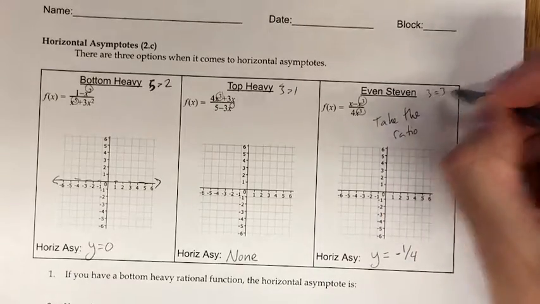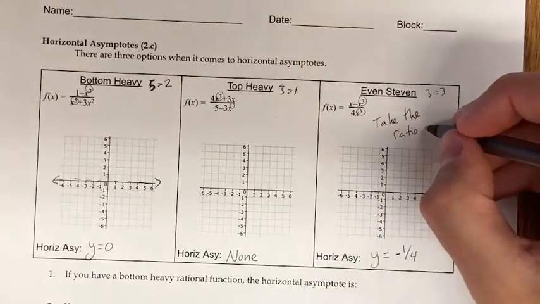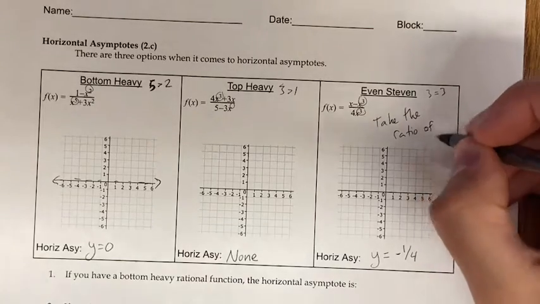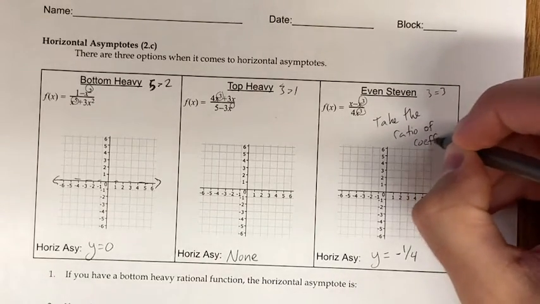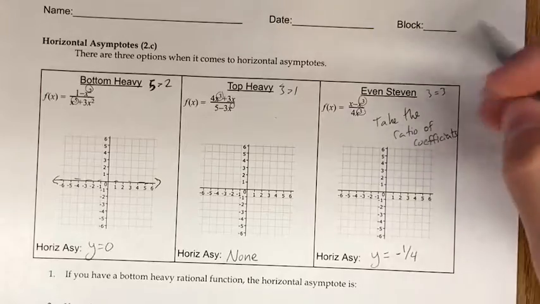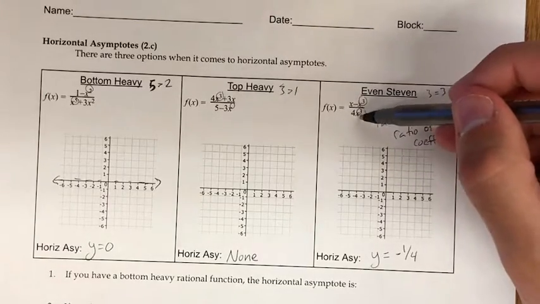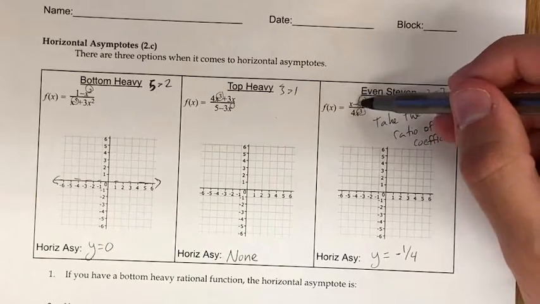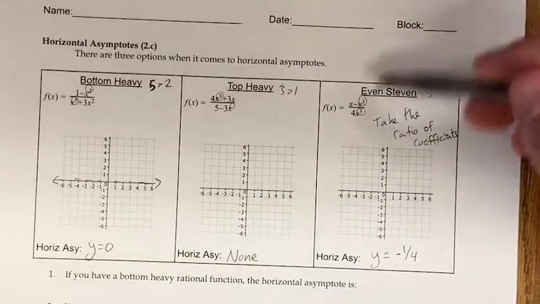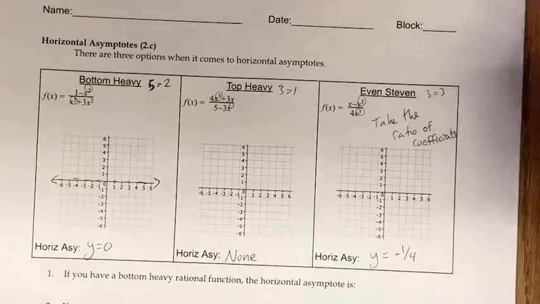So in this case, even-steven, same degree, you take the ratio of coefficients. So the coefficient in front of -x² is -1. The coefficient in front of 4x³ is 4, so it's -1/4. And you're always looking at the highest degree for these.